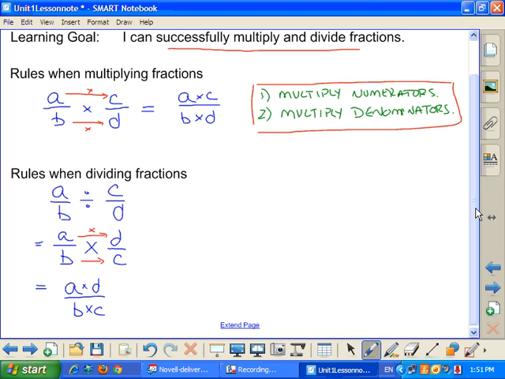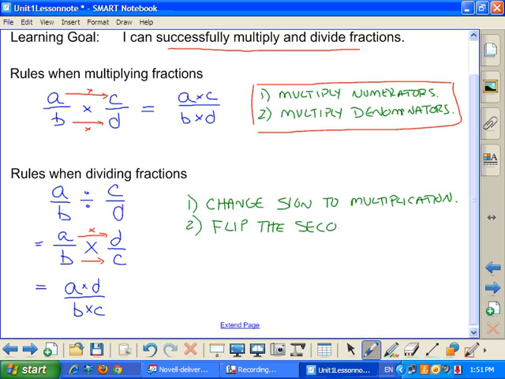So the rules: step 1, change sign to multiplication. Step 2, flip the second fraction.